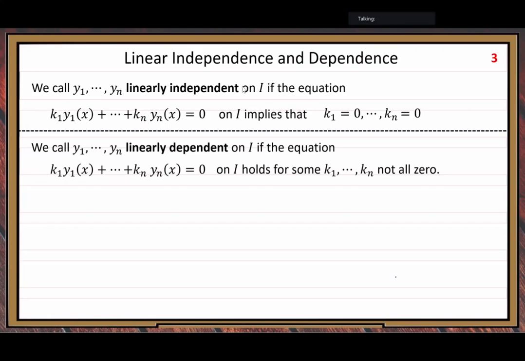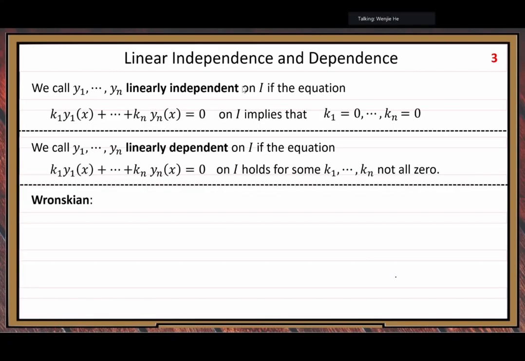Some of them could be 0, but not all 0. If you have that set of k coefficients, then we call these n functions linearly dependent. So here, not all 0. All right, so that's the generalization.